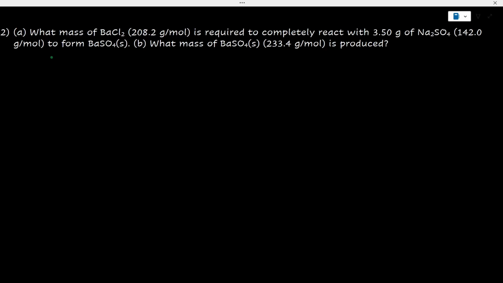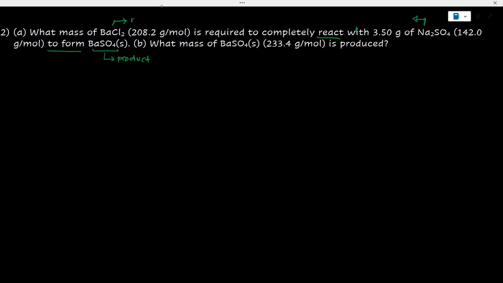First step, let's determine which are the reactants and the product. From the question, we want to form BaSO₄. So this is obvious. This should be the product. Then we are asked what mass of BaCl2 is required to completely react with sodium sulfate. So we want to react BaCl2 and Na₂SO₄.